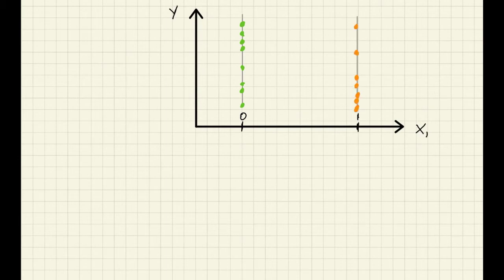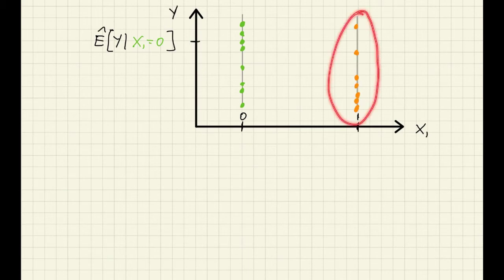Let's compute the sample average of the outcome variable y only over the subsample where we see x1 equal 0, that is, over these observations. And let's suppose that it is here. And let's assume that the corresponding sample average for the x1 equal 1 subsample is here.